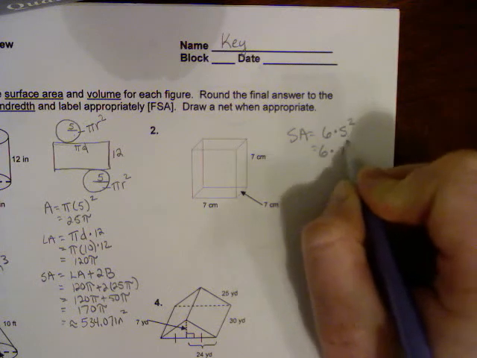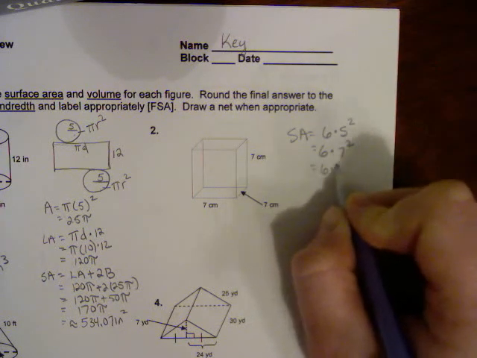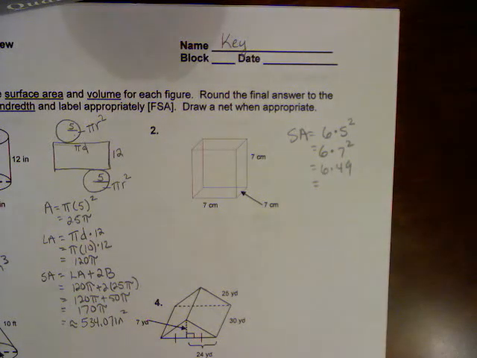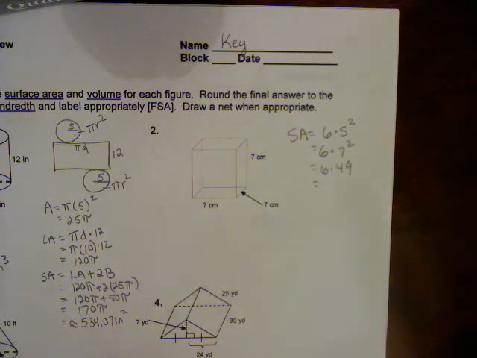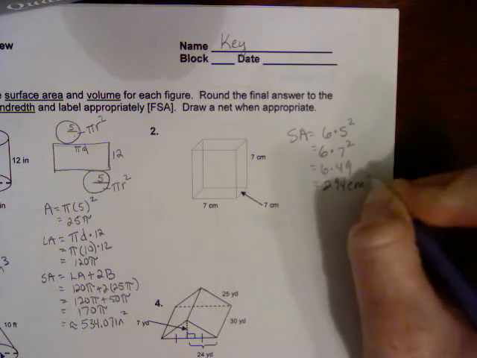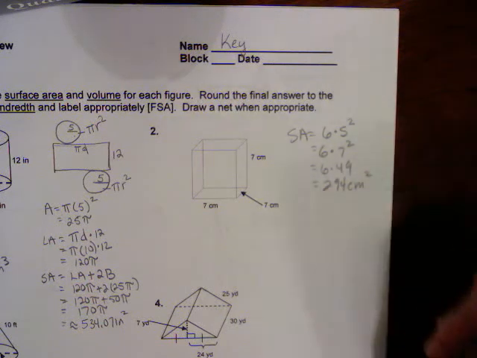So 6 times 7 squared, 6 times 49, and 6 times 49 is 294. And this is centimeters squared.